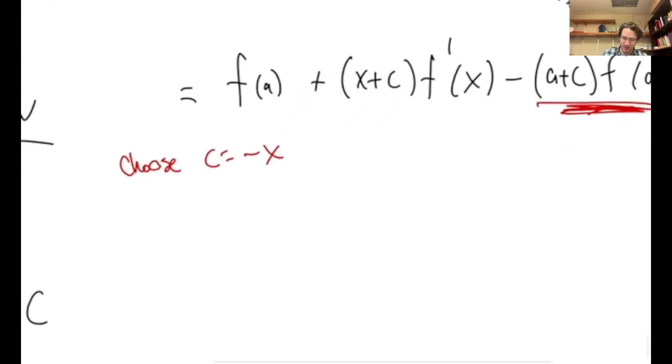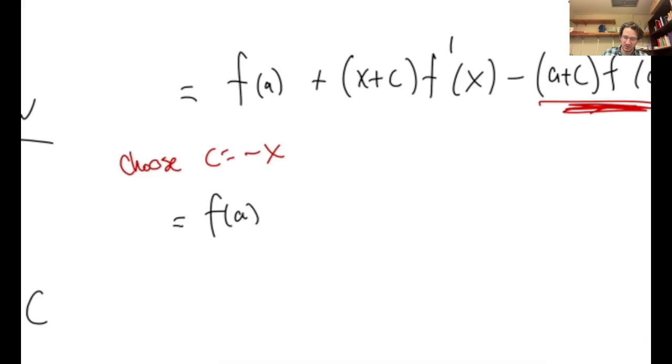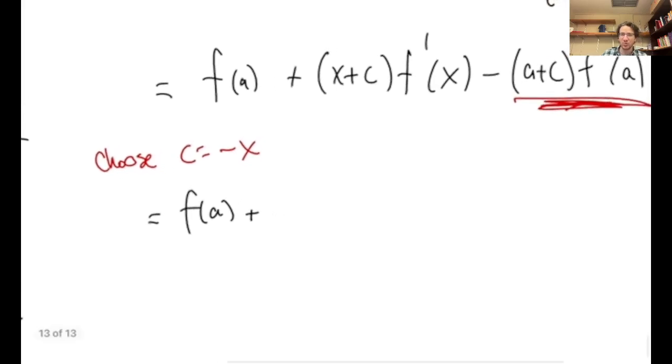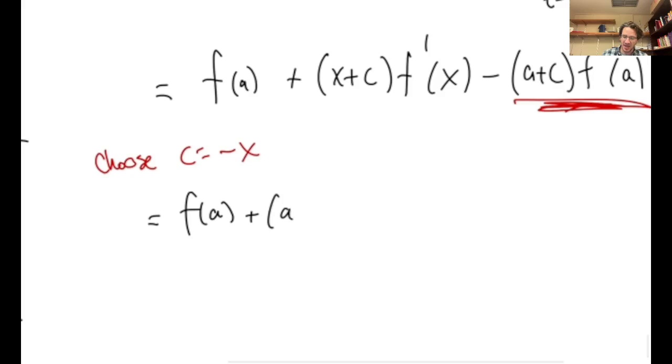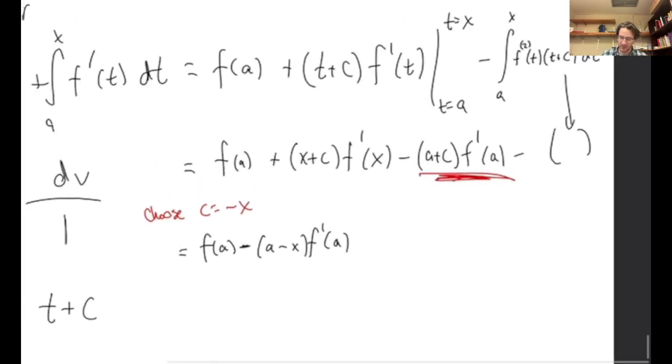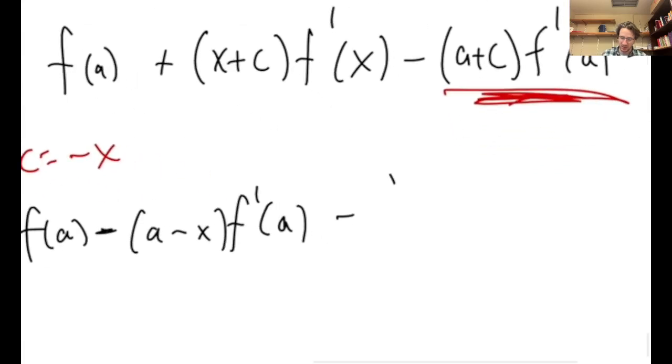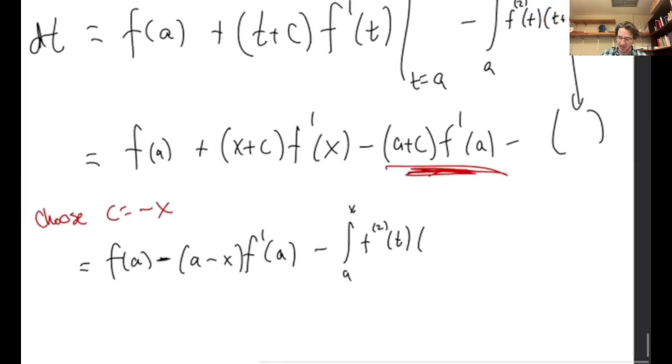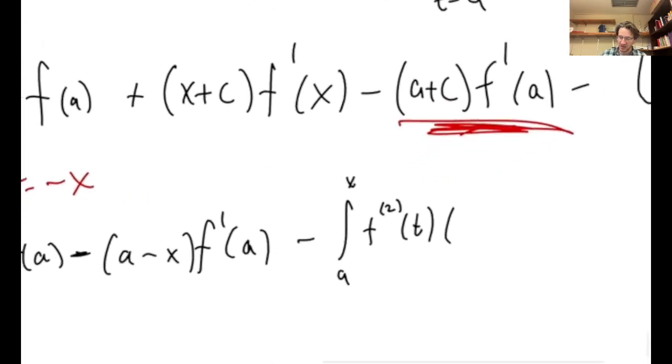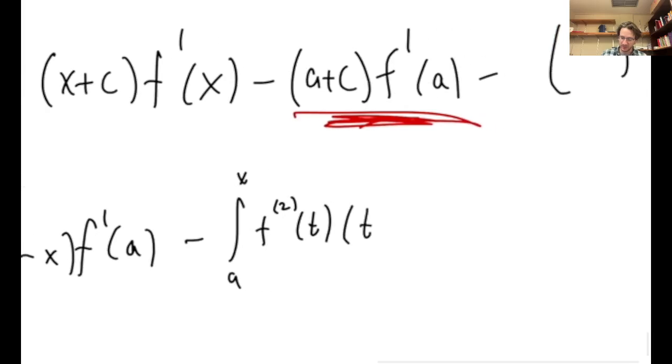We end up with f of a plus, well, that second term goes away by design, a minus, or sorry, that should be a minus a minus x times f prime of a minus the integral from a to x of f double prime of t times, or sorry, t minus x dt.